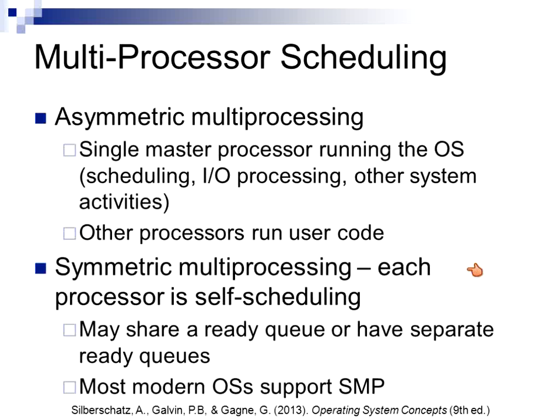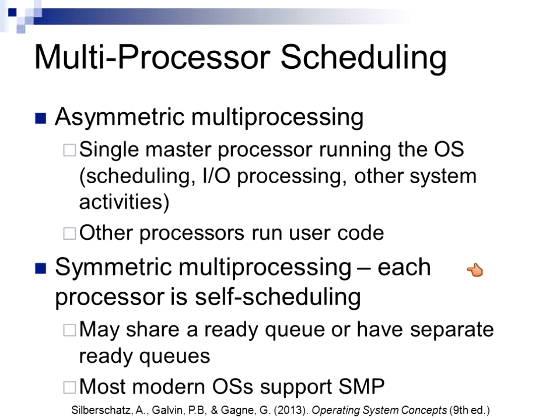Symmetric multiprocessing, on the other hand, means each processor is self-scheduling. In an SMP system, you might have just one ready queue, and all the different processors pull things from that one ready queue and run them.